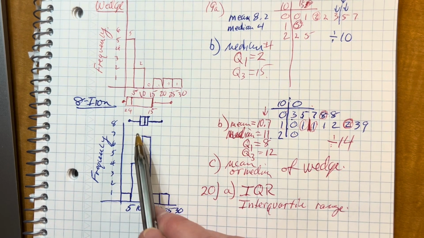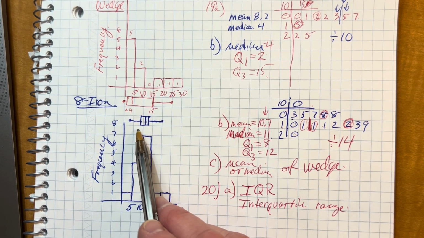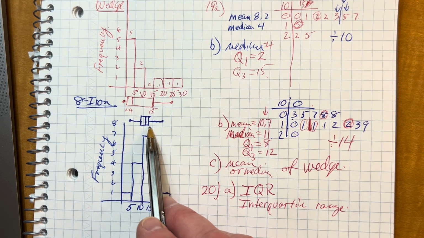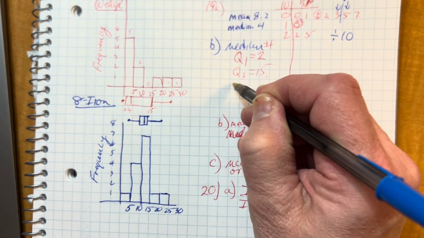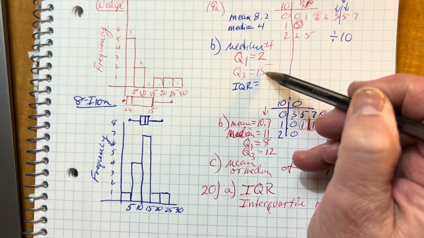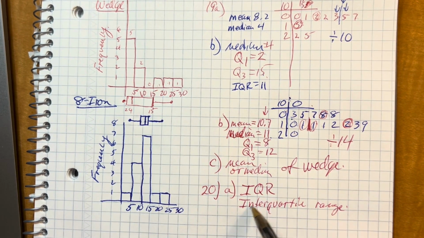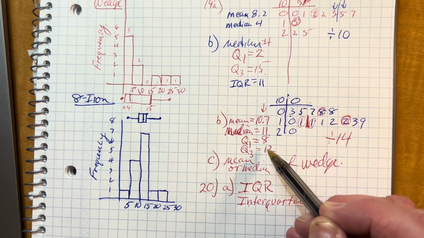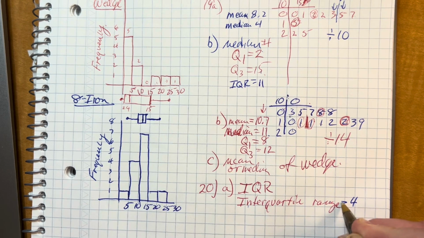This is indicated by the box on the box plot display and corresponds with the IQR. What is the IQR? For the wedge, the IQR is 15 minus 2, that's 13. For the 8 iron, the interquartile range is 12 minus 8. That's 4. So the interquartile range is 4.